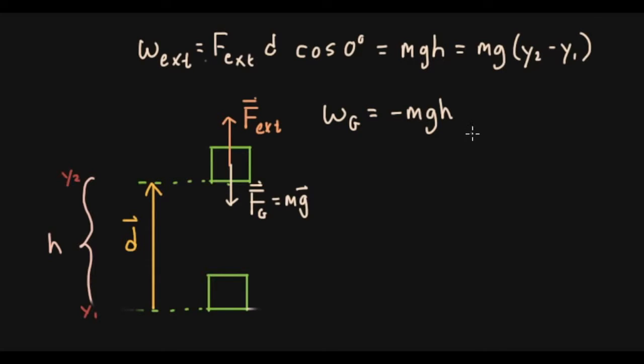So this actually tells us something really important. It's telling us something about the energy available. Once we lift this box up to this height, it now has the potential of a certain amount of energy, this quantity, to move back down.